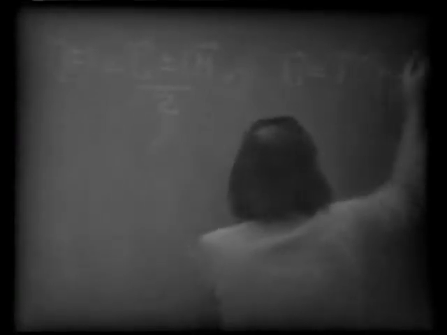I define operators J plus or minus, which are (L plus or minus iM) over 2. Thus, L is J plus plus J minus, and M is minus i times (J plus minus J minus).